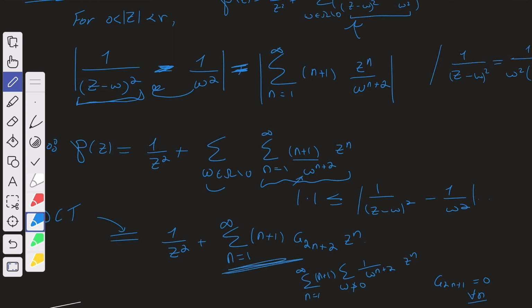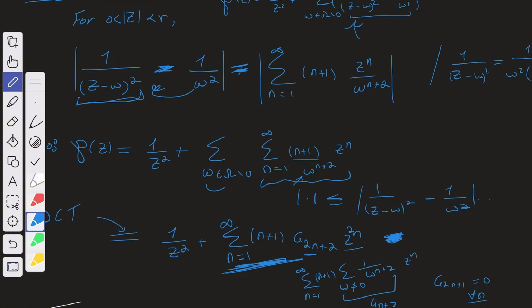This will prove that this equality is g of n plus 2, right? So this will prove that p of z is actually equal to the sum of (n plus 1) times g of 2n times z to the 2n, because the odd terms vanish. So this completes the proof of the Laurent expansion of p of z.